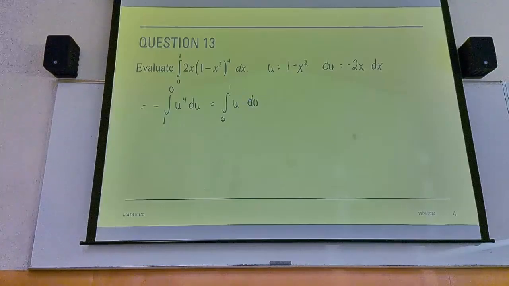Oops, why do I do u to the 5th? It's u to the 4th. But there's that property that says you can flip the order of integration by multiplying by minus 1. Antiderivative of u to the 4th.